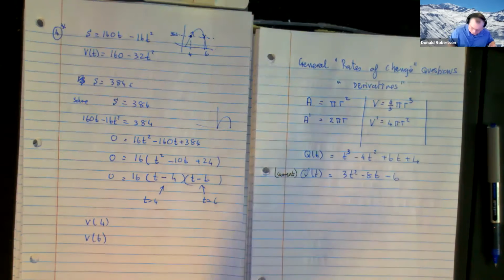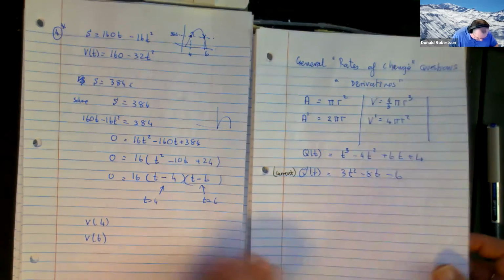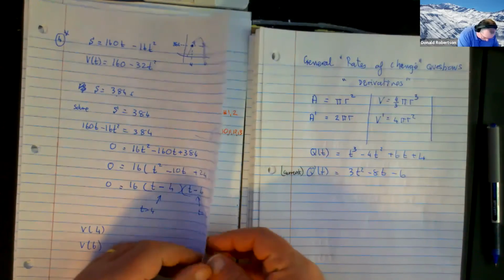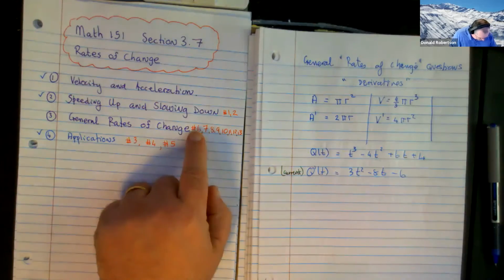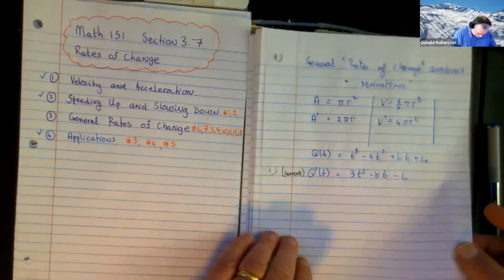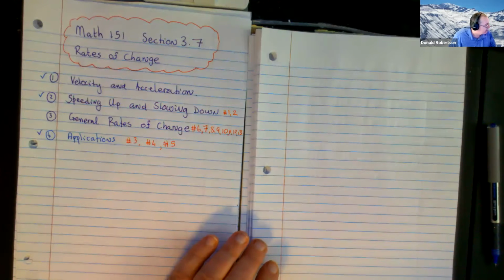I think it's kind of interesting that you get things like that. So the kinds of questions that we're going to be dealing with are basically 6 till we get to the end. So let's jump right in and pick one and get you used to the way they phrase it.